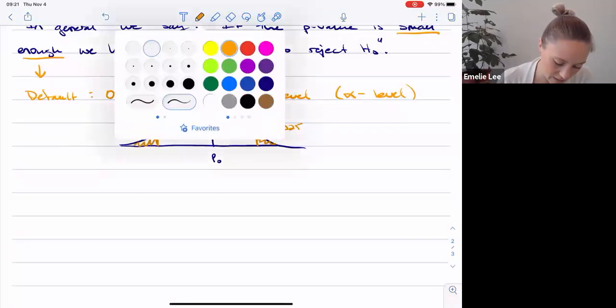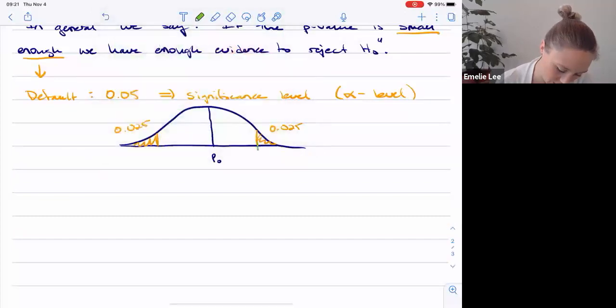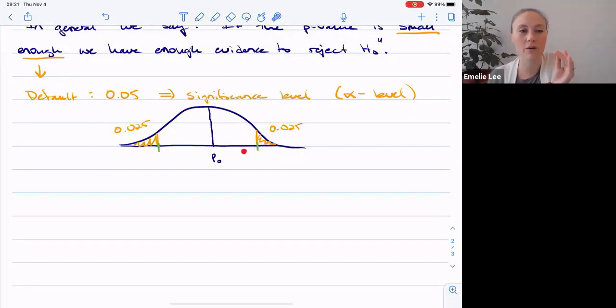So there's some threshold where if our sample proportion is beyond this point, on either side, you have enough evidence to reject H naught. So I'm going to use the p-value approach, where we find the area corresponding to the sample proportion, and then we compare it to the alpha level.